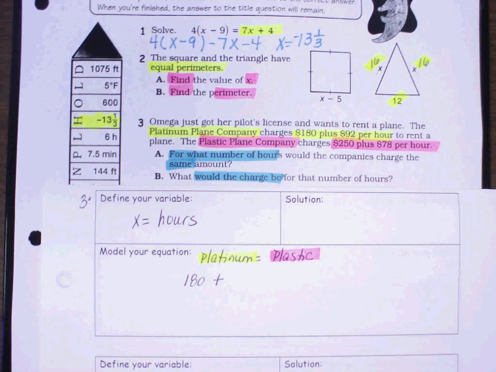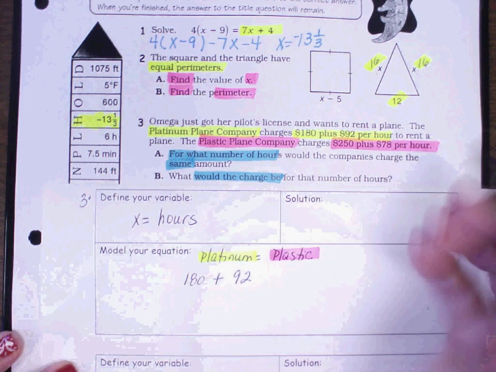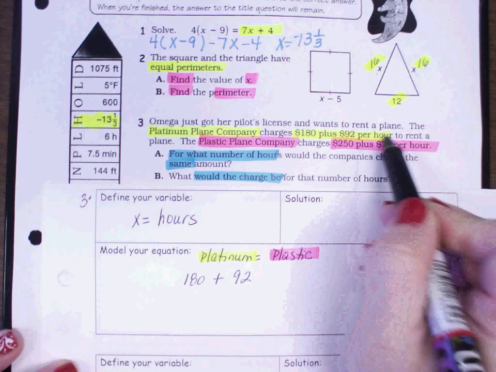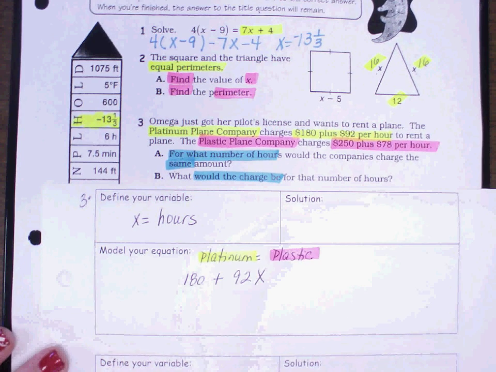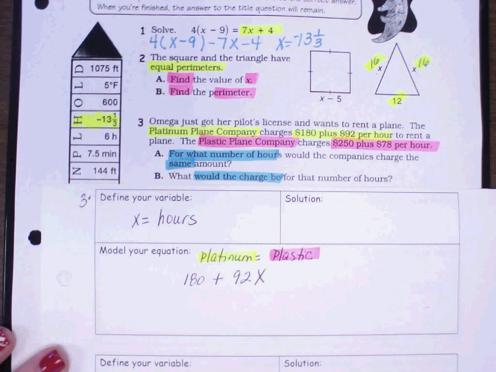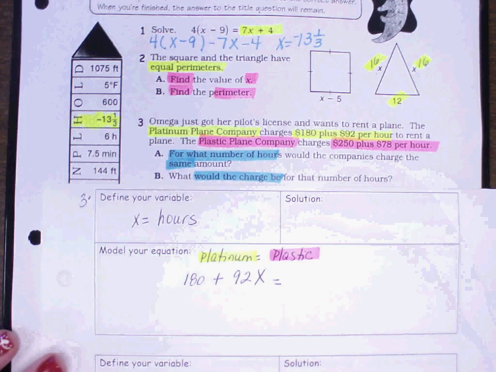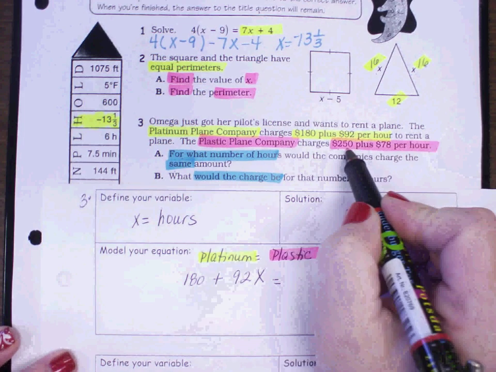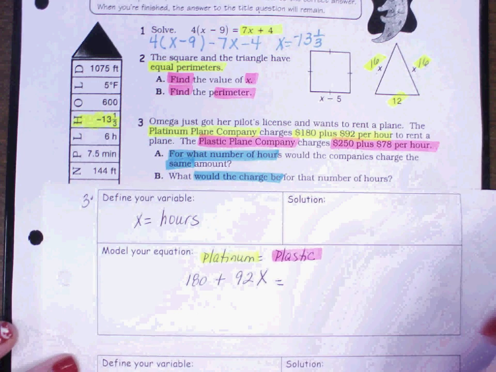Come on, we can do this. Thank you. That's it. Why are we not talking today? 92 per hour. Yes, and what am I multiplying? 92 and what? Hours. Thank you.